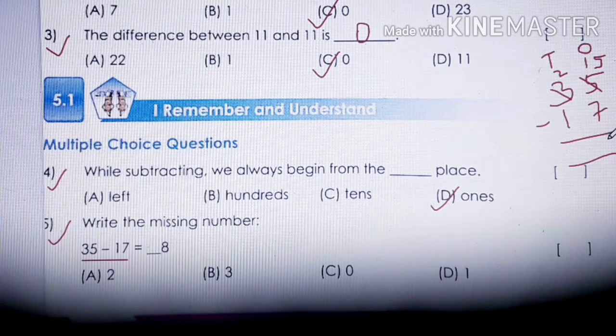So 15 minus 7 is what? 8. And 2 minus 1 is what? 1. So children, 8 is there in the ones place. We have to write the digit of the tens place. So what is the digit in the tens place, children? 1. So the missing number is 1. Option D. Clear?